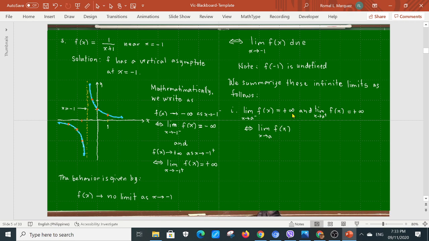Since they have the same behavior, although they both do not exist as limits, we can write it as positive infinity.